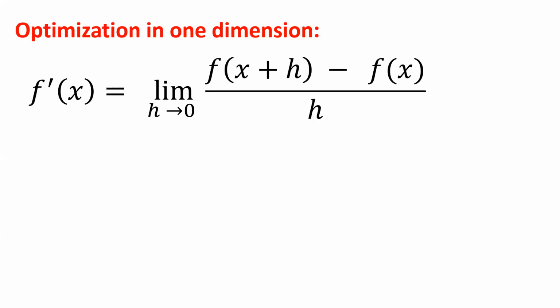And the reason that the critical points work is if, say, f prime of x is greater than 0, then if x plus h is a little bit larger than x, for this limit to be greater than 0, eventually, if we're close enough to x, f of x plus h has to be larger than f of x.